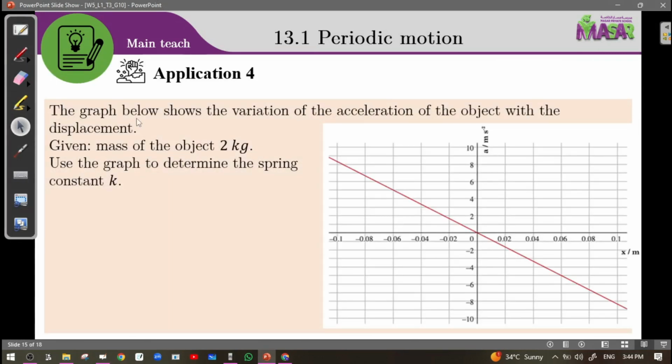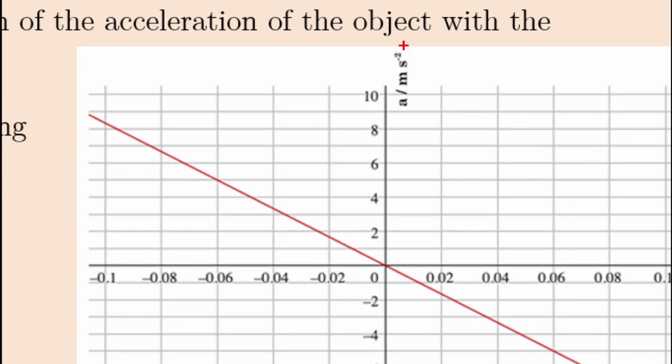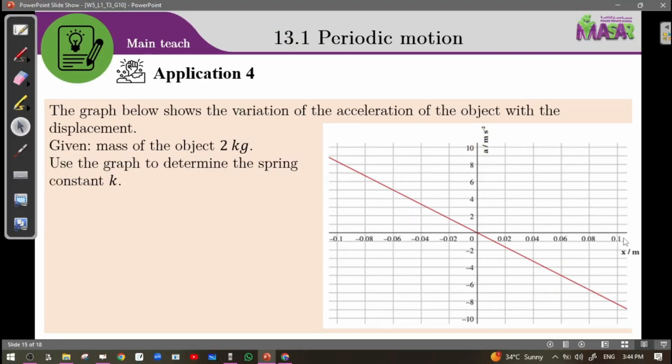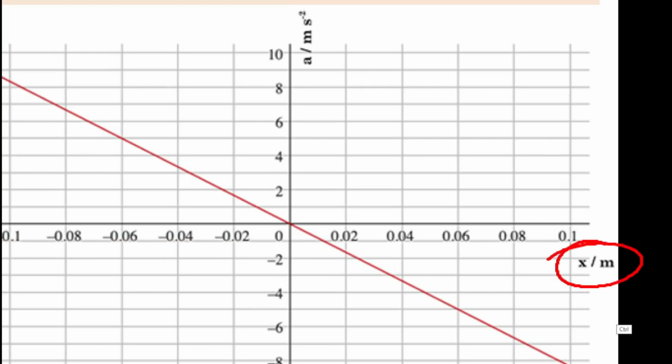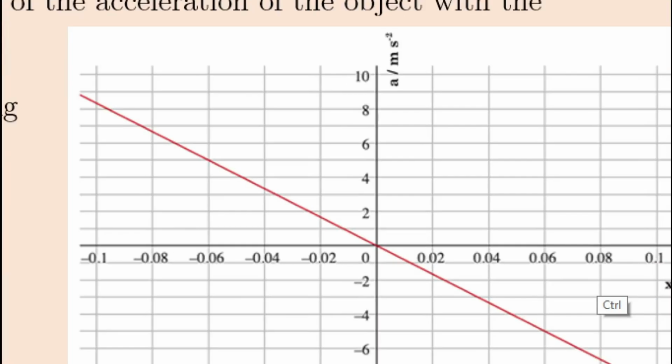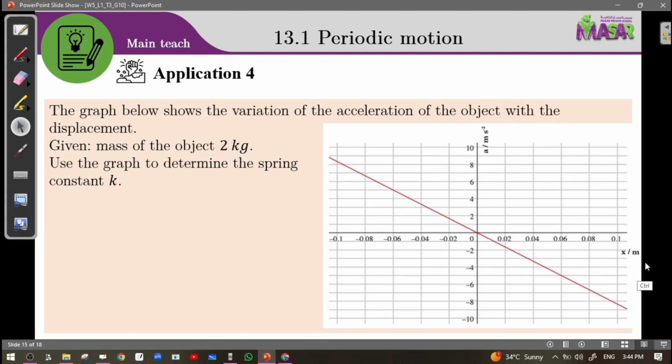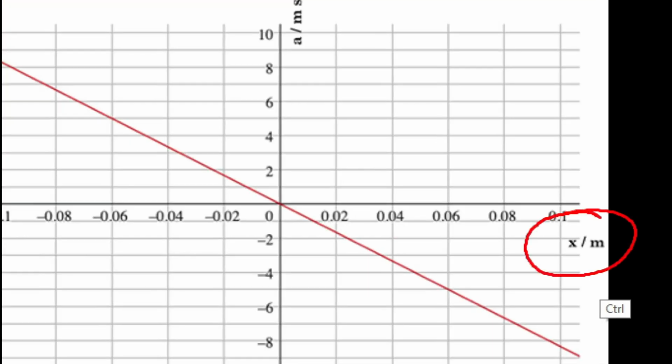The graph below shows the variation of the acceleration of the object with the displacement. So in this graph, we have along the vertical axis the acceleration, along the horizontal axis the position. Let's double check the units. Here it's meter per second squared, or we can write it as meter seconds to the minus 2. And along the horizontal axis, we have x in meter.